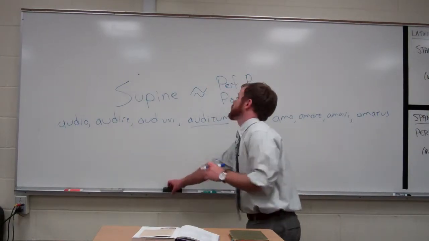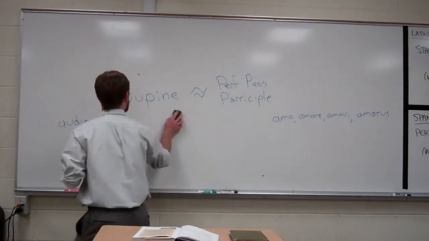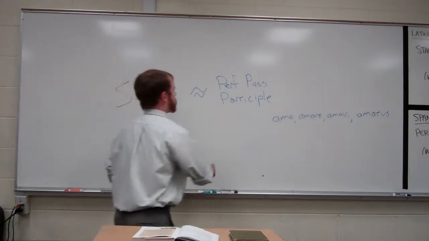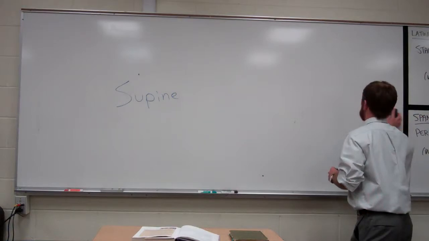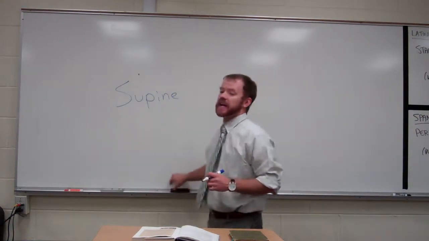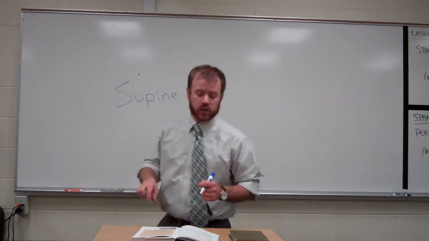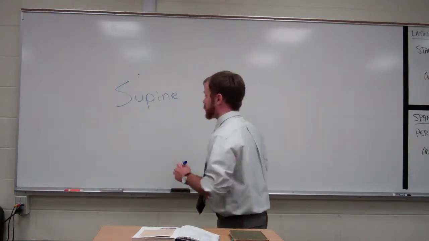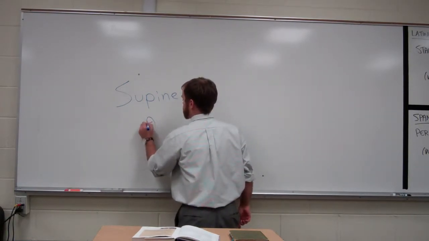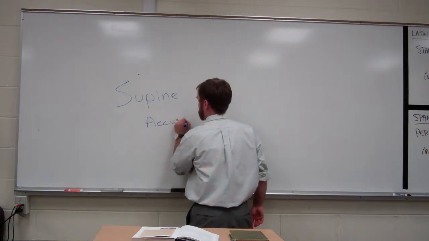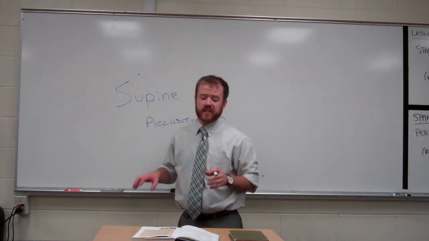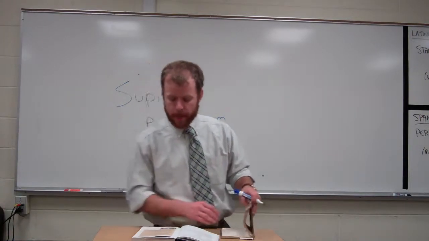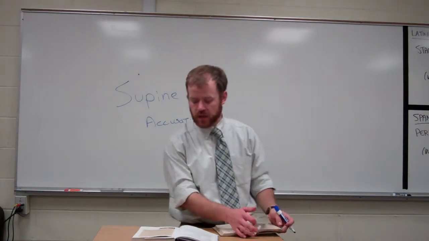The supine has two uses in Latin. All right, so there's only two cases that you will see this supine, besides as a fourth principal part. You will see it as an accusative, ending in um. And this is used to show purpose in a clause.